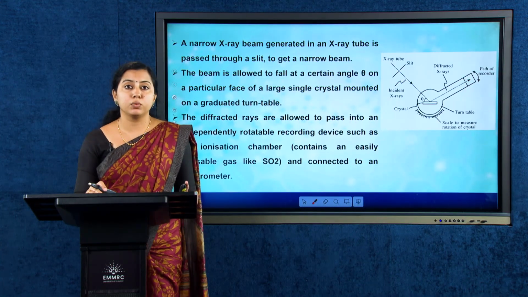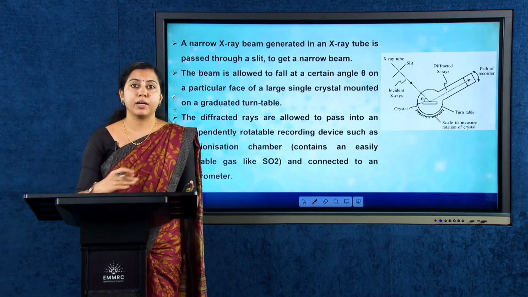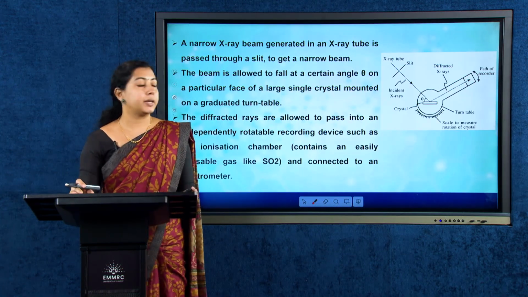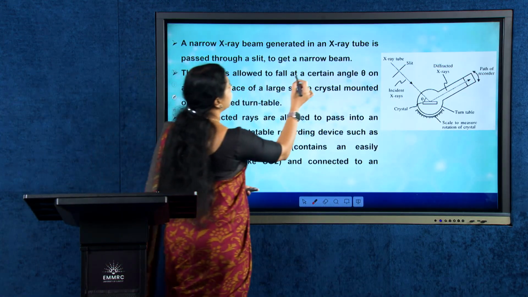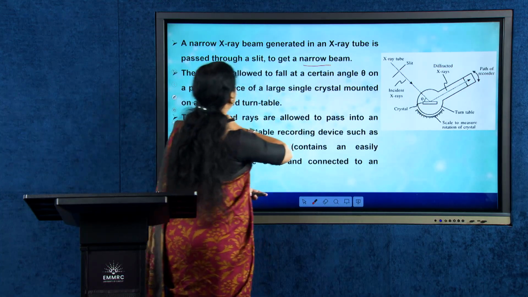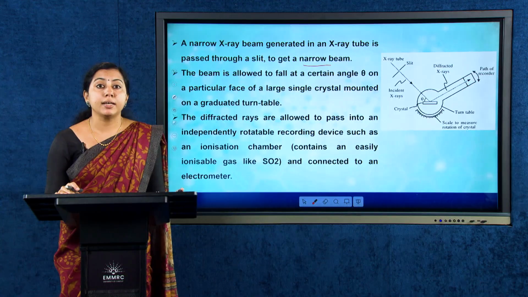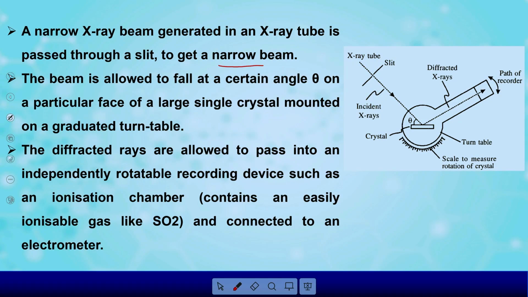Now, let us see how it works. As we have seen, a narrow X-ray beam is generated in an X-ray tube, and that is passed through a slit to get a very narrow beam. And this X-ray beam is allowed to fall at a certain angle theta, which we may call the glancing angle or the incident angle theta, on a particular face of a large single crystal mounted on a graduated turntable.